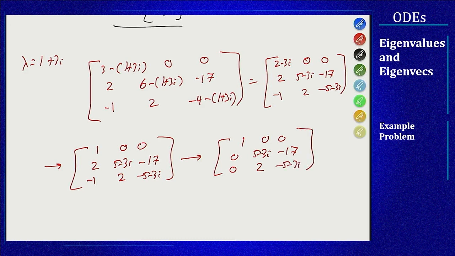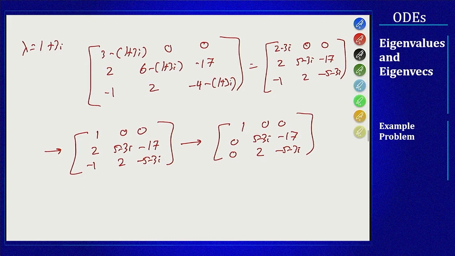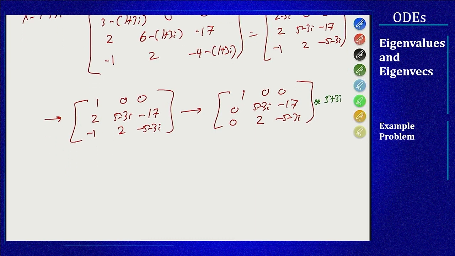Great, now I just have this 2 by 2 at the bottom to deal with. And I want to row reduce that to make that make sense. So I'm going to multiply the second row by the conjugate of that first entry. That's times 5 plus 3i. What I end up with: 1, 0, 0, 0 is down the first column. 5 minus 3i times 5 plus 3i is 25 plus 9, or 34.